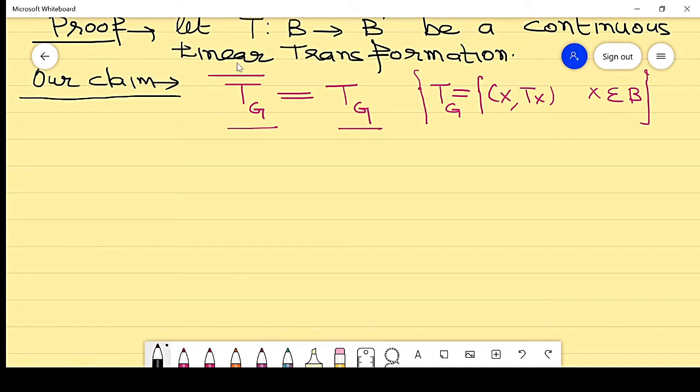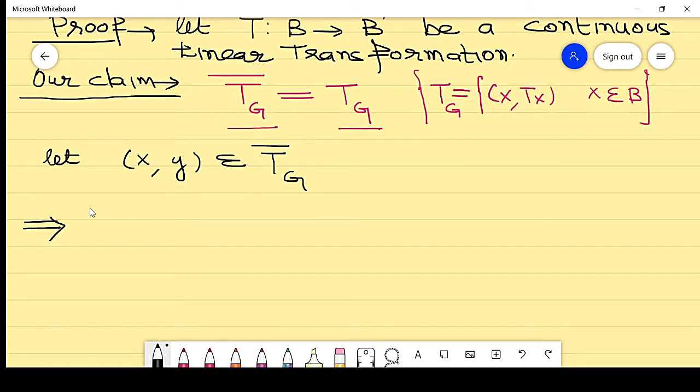So my aim is to take one element from this set and show it belongs to TG. Let (x, y) belong to TG closure. By definition, it is an adherent point. So (x, y) is an adherent point of TG.